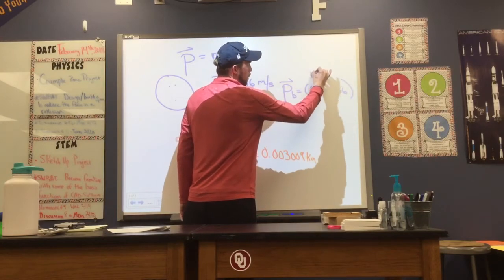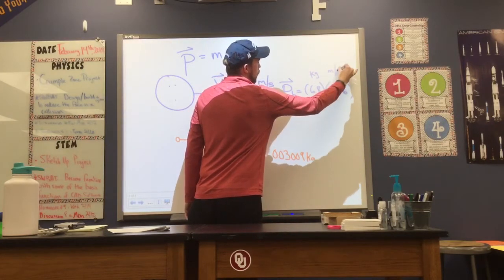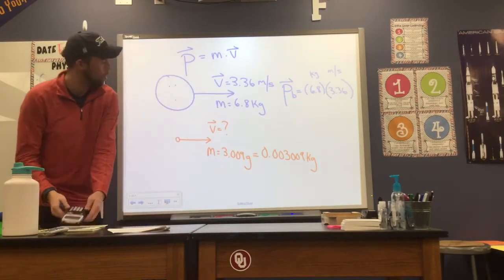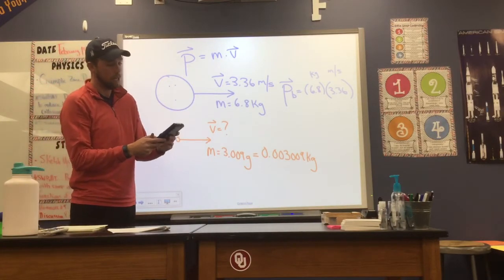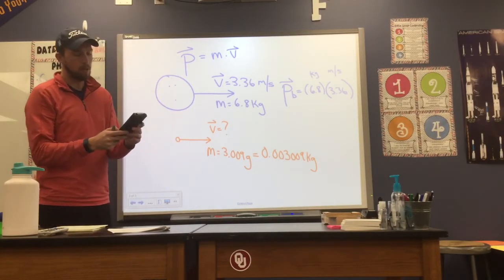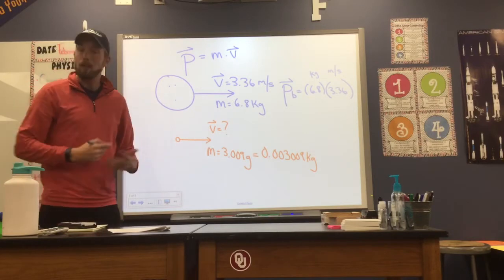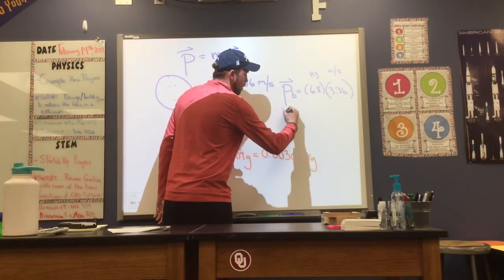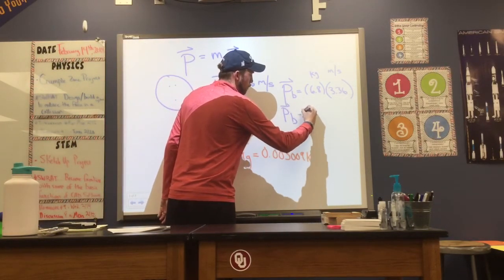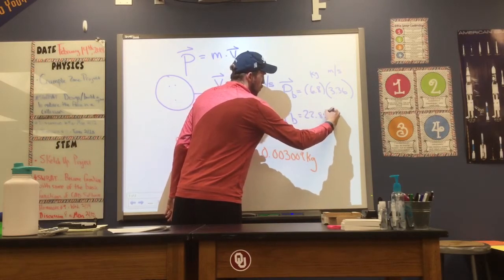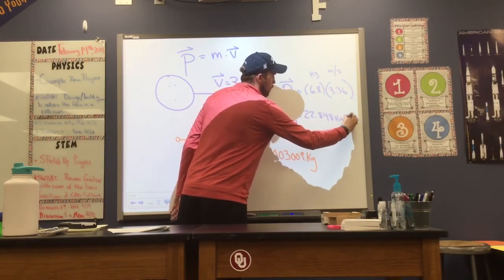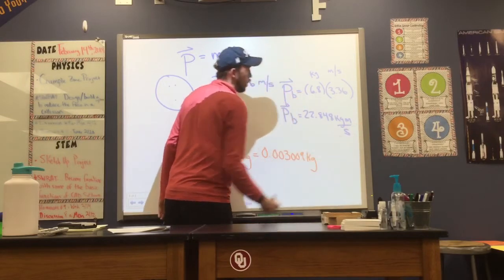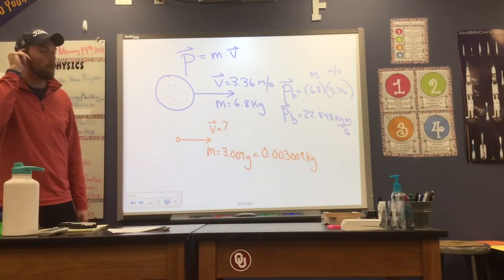Our mass is in kilograms, our velocity in meters per second. Multiplying those together, we're left with about 22.848. This is the momentum of the bowling ball: 22.848 kilogram meters per second, or as we've been learning, newton seconds is also an appropriate way to present that unit.